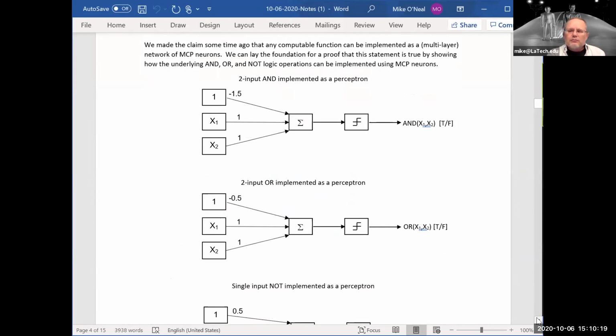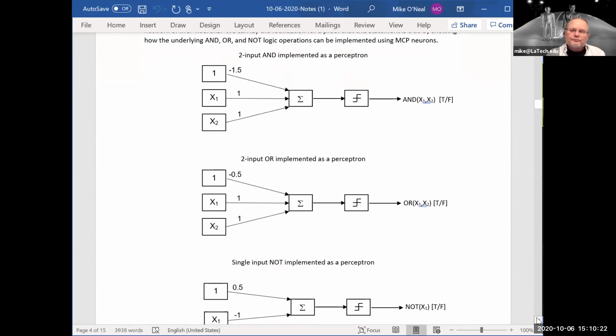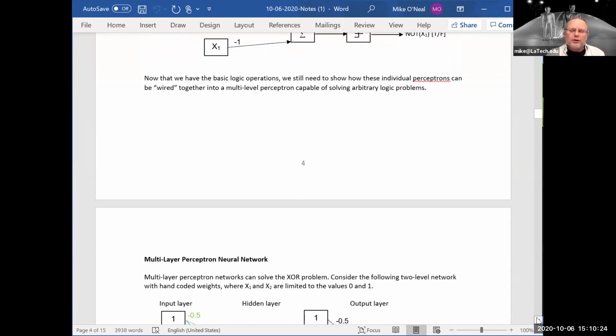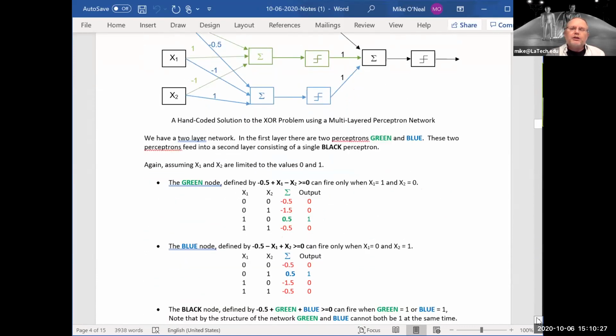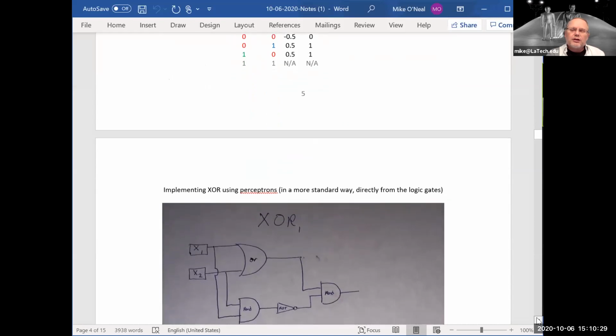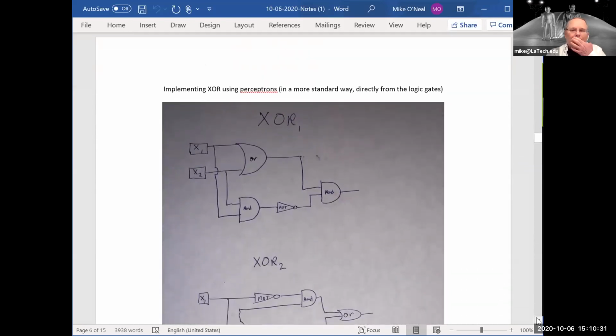Why didn't I? Well, I could have used and, or, and not. It would have been a little bit more complicated looking circuit. And here I show you that. What is an XOR written with and, or, not? So one way of writing an XOR that I kind of like is to say an XOR is X1 or X2 and not both X1 and X2.